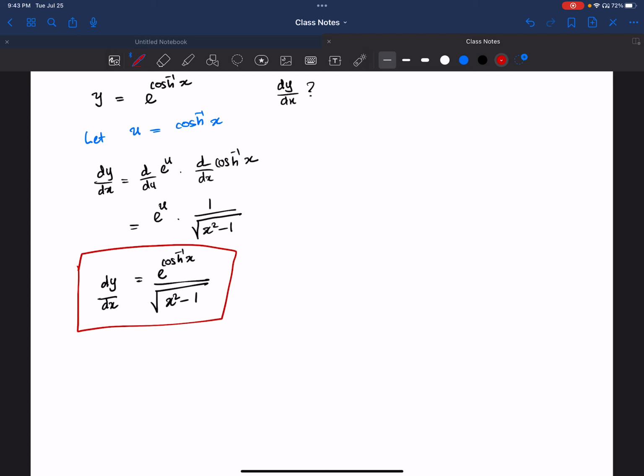So we have many problems like that that we can solve by using the derivatives of inverse trigonometric functions, as well as the derivatives of inverse hyperbolic functions and the derivatives of hyperbolic functions.